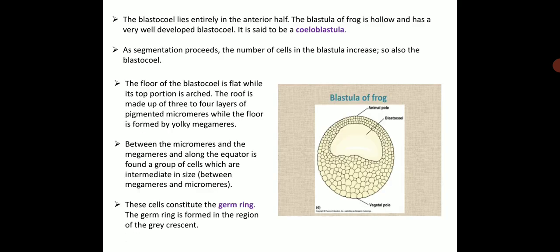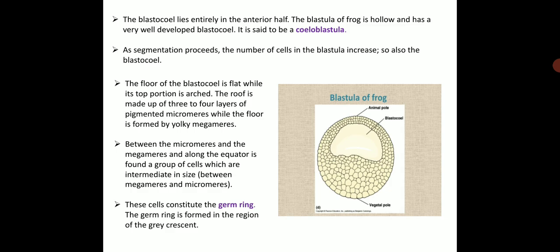Moving on, the blastocoel lies entirely in the anterior region. The blastula of the frog has a well developed blastocoel, and that type we call the coeloblastula. The type of blastula you find in the frog is the coeloblastula.